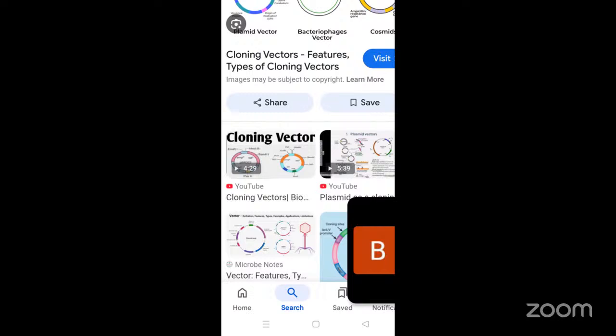The vectors derived from the retroviruses can effect the stable integration of the cloned DNA into mammalian chromosomes, allowing the continued expression of the gene. Viral vectors are also the vehicles of choice for gene therapy.